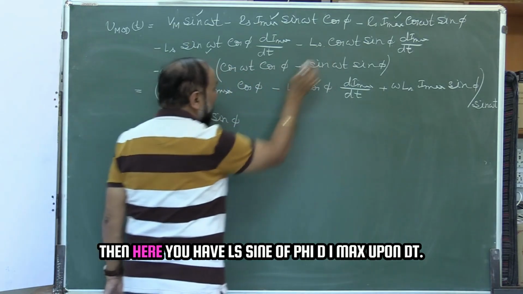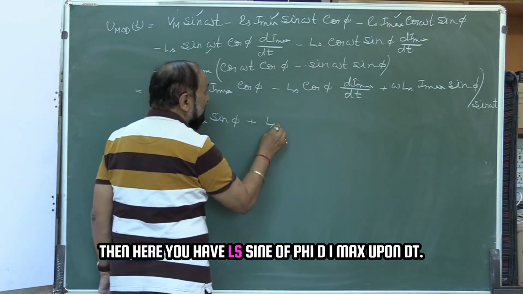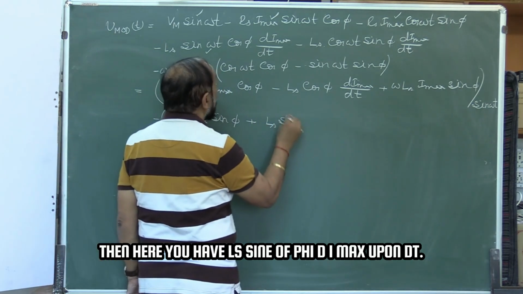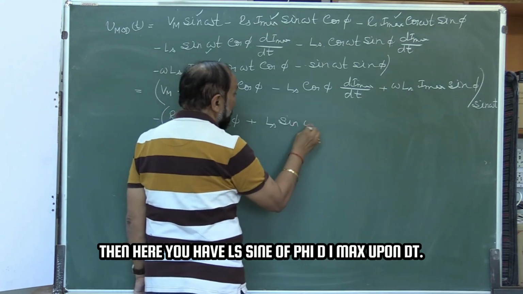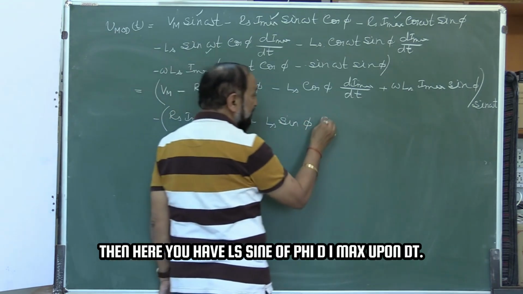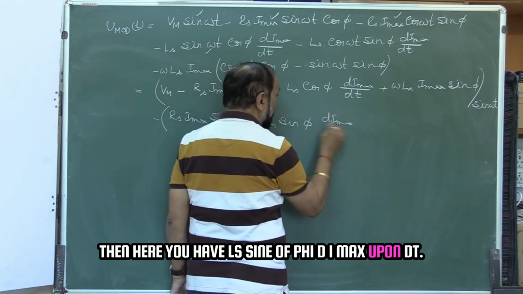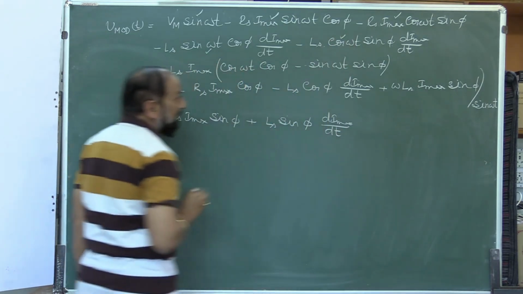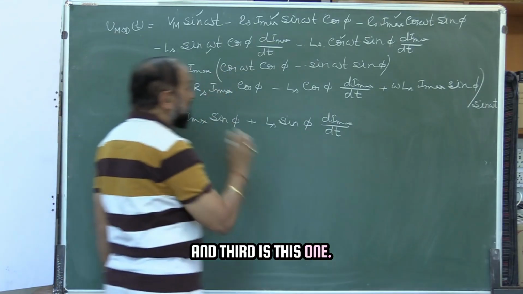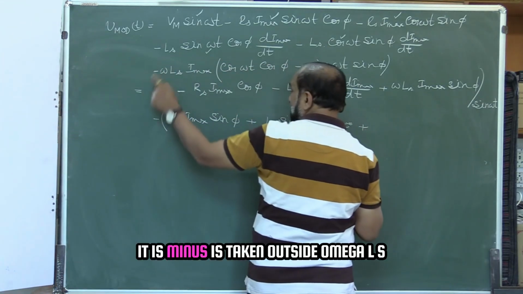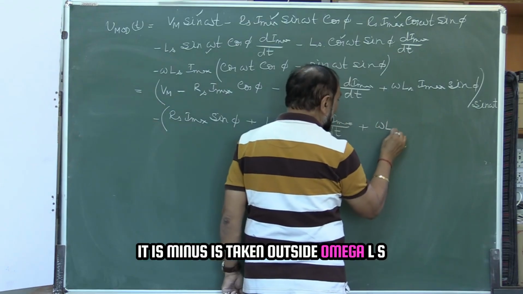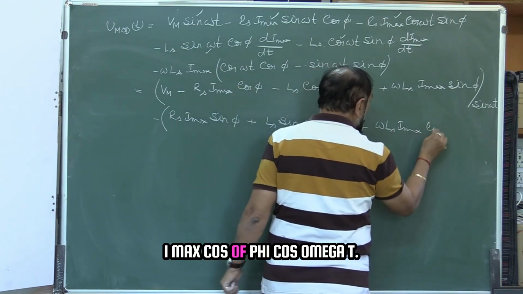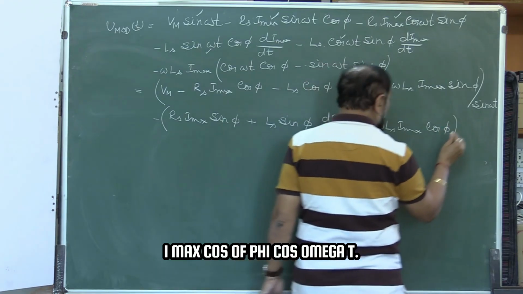Then here you have Ls sine of phi di max upon dt, and third is this one. It is minus is taken outside, omega Ls I max cos of phi, cos omega t.